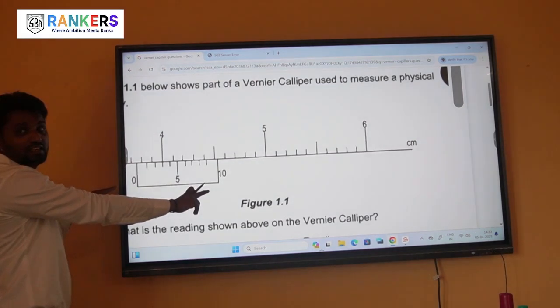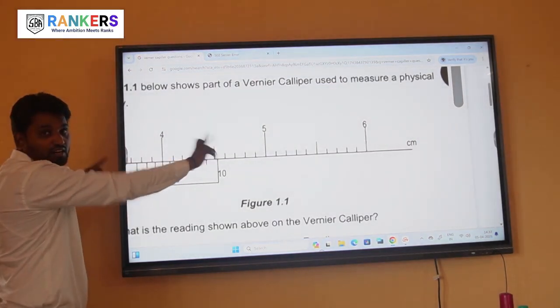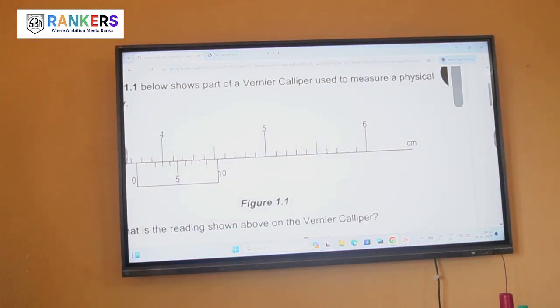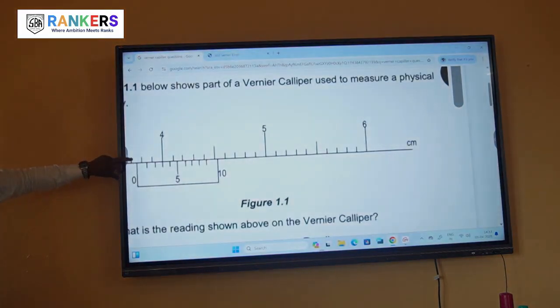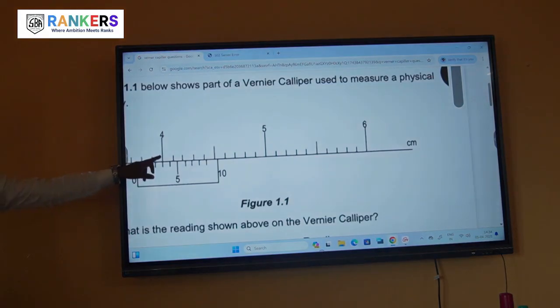How many lines? 10 lines. This is the main scale. Vernier scale first reading, that is 0. This one now. This is matched with. There is a 4. That means previous one is 3.9. Clear? So after 3.9, it is going to 4.